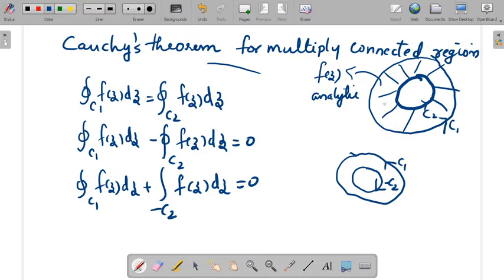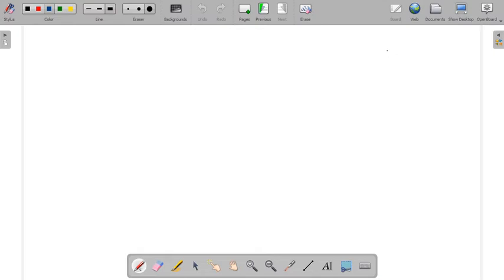Now the same result can be extended to Cauchy's integral formula. In addition to these conditions, we have a multiply connected region bounded by two curves C1 and C2 taken in anti-clockwise direction. f of z is analytic in this annular region, and along with this we have a point a that lies in this multiply connected region.